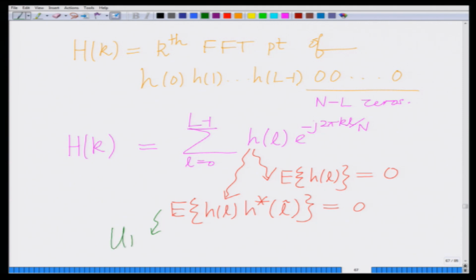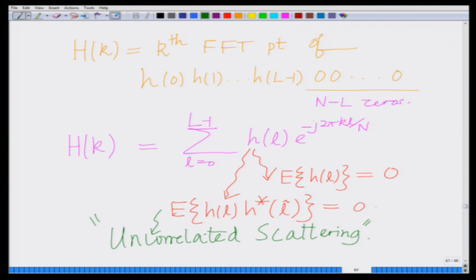This is termed the uncorrelated scattering assumption.